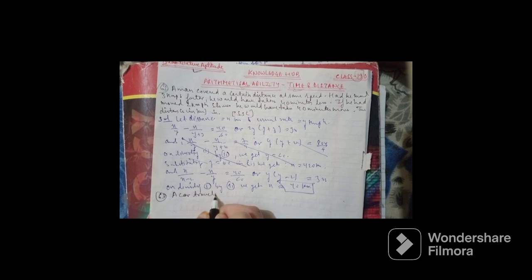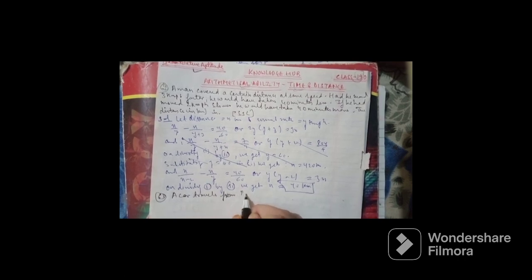A car travels from P to Q at a constant speed.